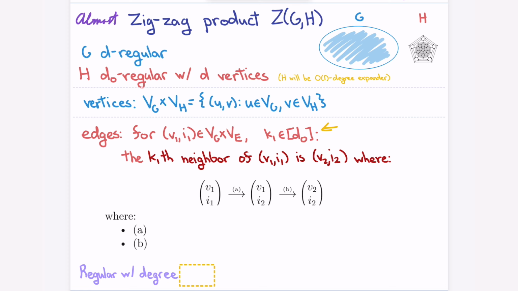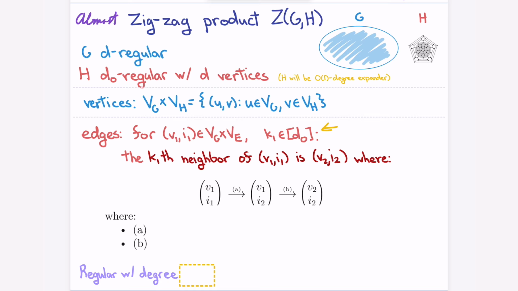All right, so what would I do? Right now I'm at a vertex in G and a vertex in H, and I want to get the third neighbor or something. How would I do this? I'm in G, I'm in H. What should a step look like to simulate this thing we've been talking about?